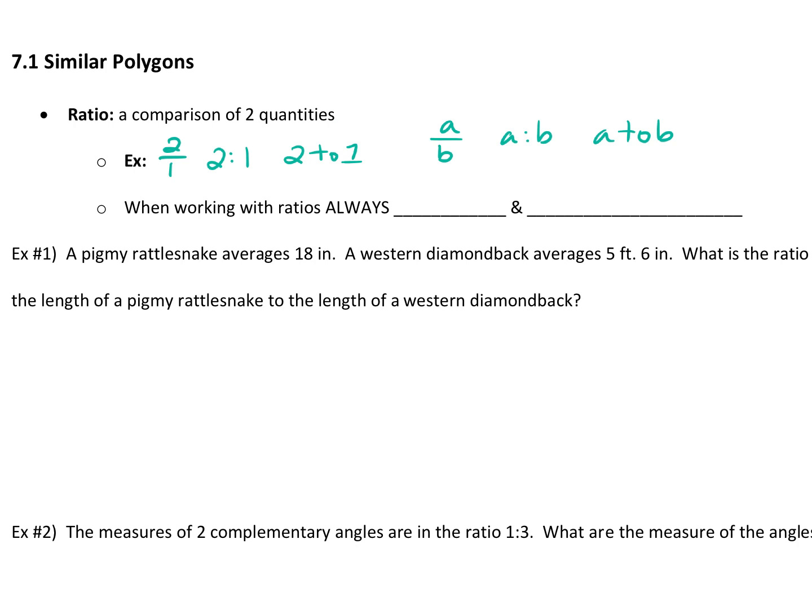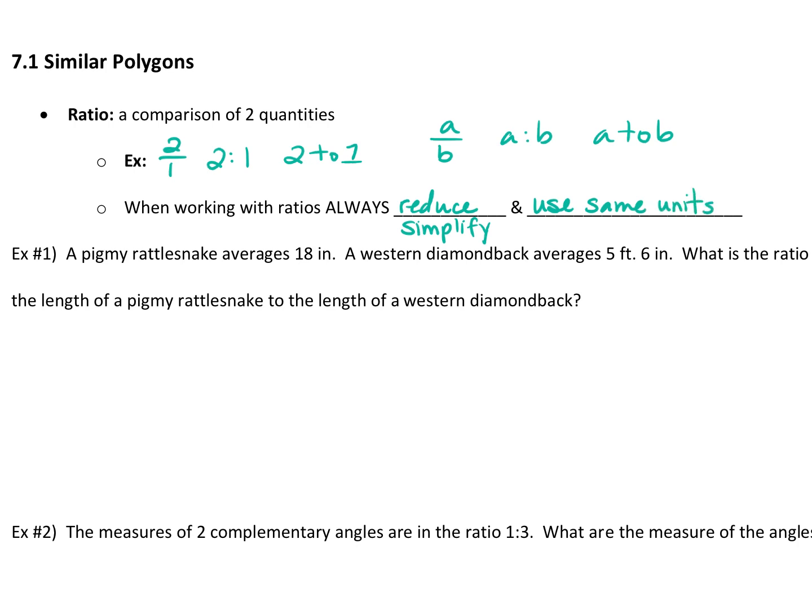But there are two very important things to do when dealing with ratios, okay? The first is when you are working with ratios, you always, always, always need to reduce, or you could say simplify, okay? A lot of times we write it as a fraction. Just think of it as reducing that fraction, simplifying that fraction every time. We always want to reduce, okay? The other thing when dealing with ratios is you want to use the same units.